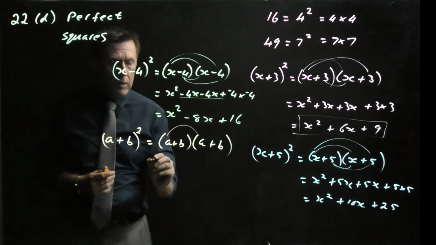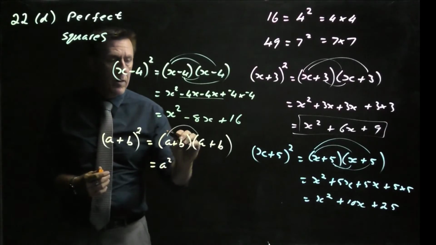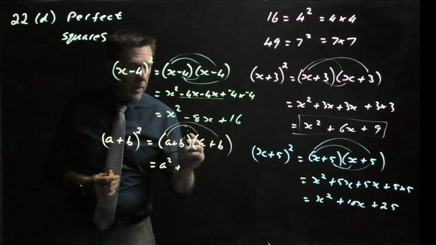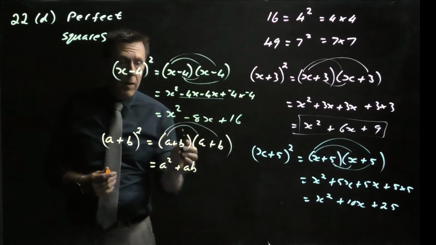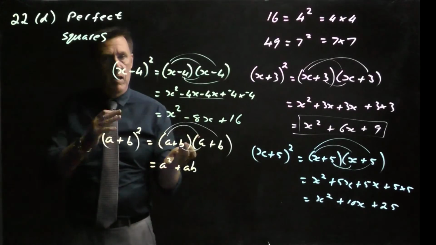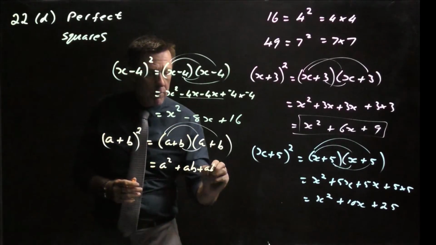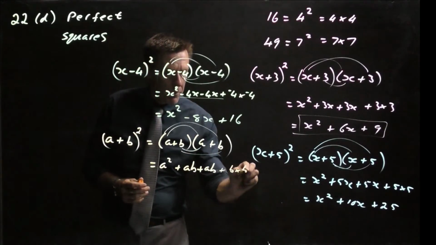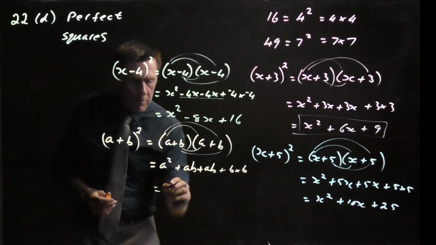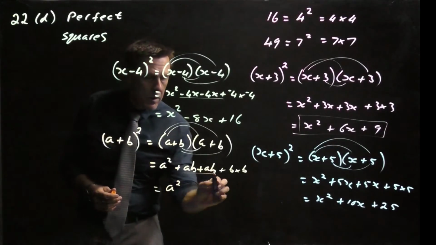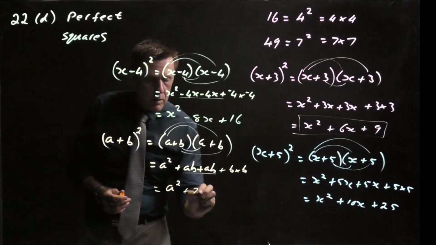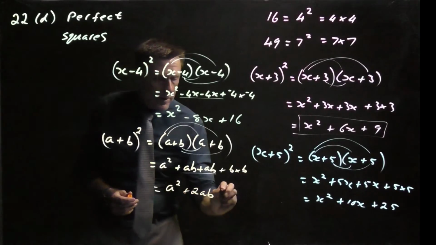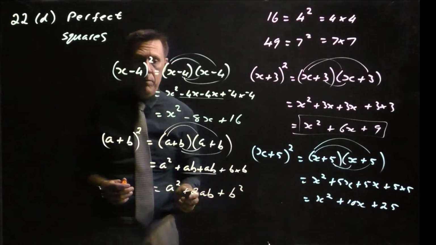The first ones times together, a squared. The outside ones, a times b. The inside ones, b times a. That's just a times b again. And then b times b. Simplify: a squared, ab is happening twice, and then it's b squared.